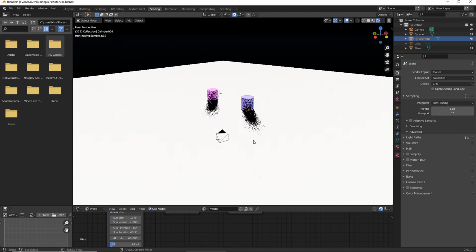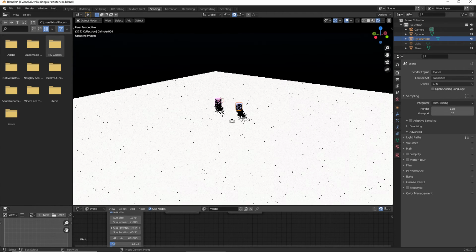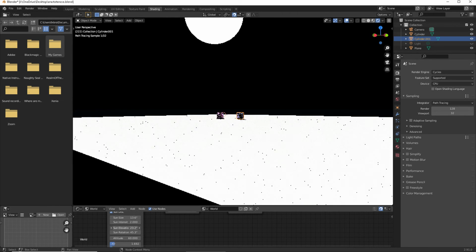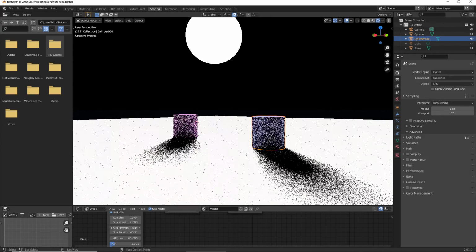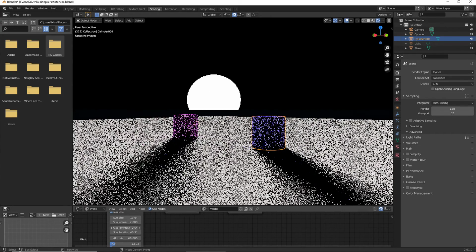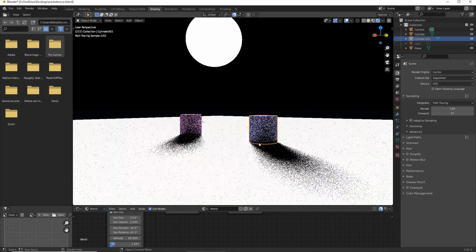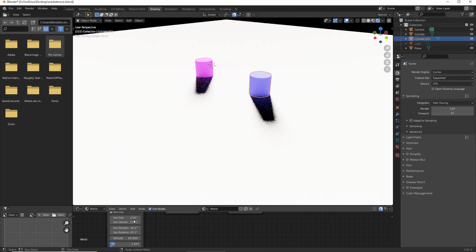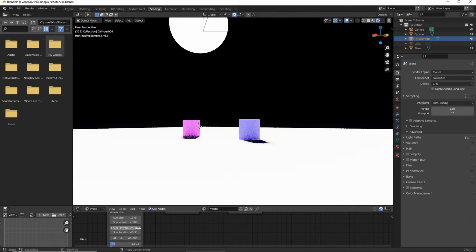You can see how shadows work when the sun is elevated. Now the sun is going, I'm trying to get closer. Okay, sun's gone. Now the sun is coming back, and the shadows are the same height, right?